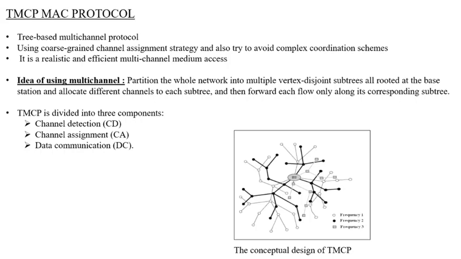After assigning channels, the data communication component manages the data collection through each subtree. When a node wants to send information to the base station, it just uploads the packet along the subtree to which it belongs. It is assumed that the base station is equipped with multiple radio transceivers, each of which works on one different channel because of the tree-based channel assignment strategy.